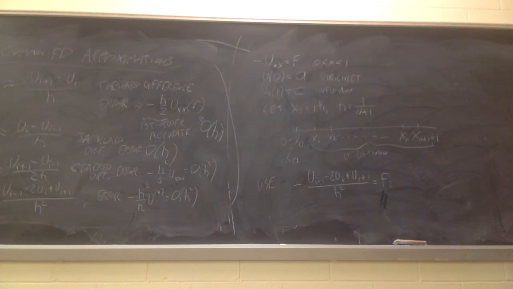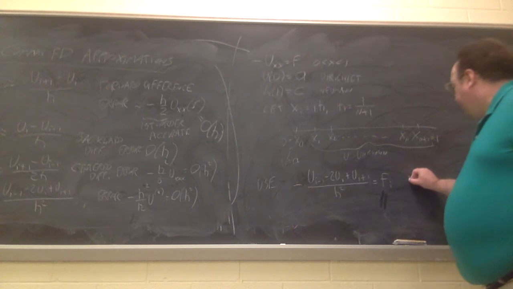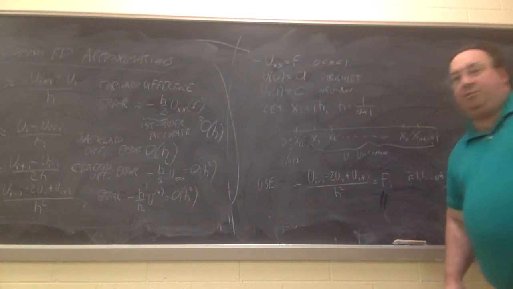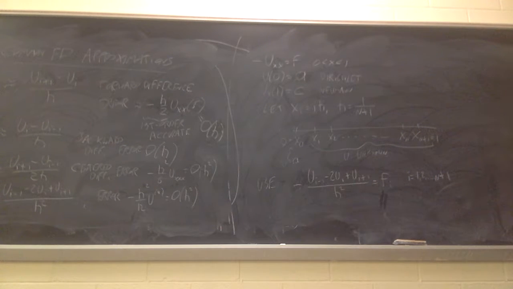So that's my minus uxx is equal to f all over again. For i equals 1, 2, up to n plus 1. So that will take care of most everything. I just have to think about the boundaries now.